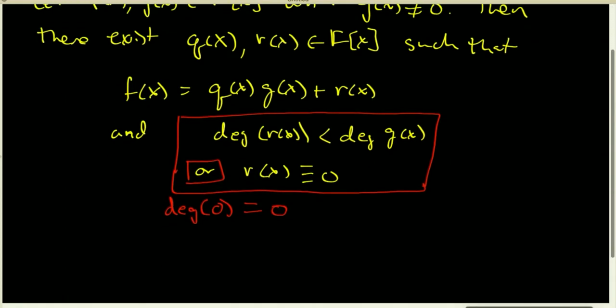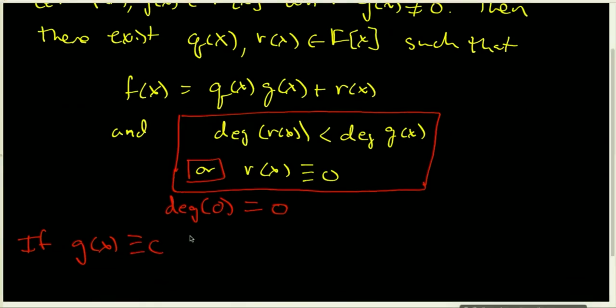Because if we are dividing by a constant polynomial, so if I have g(x) identically equal to a constant c, then f(x) is nothing more than 1 over c times f(x) times g(x) plus 0.